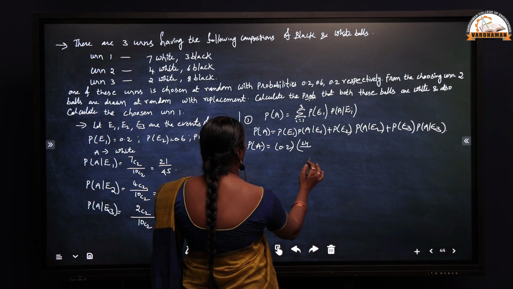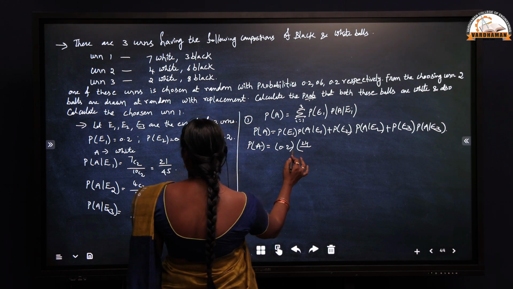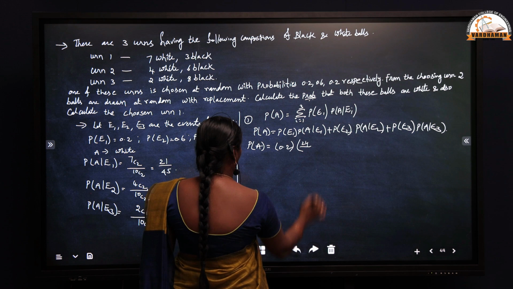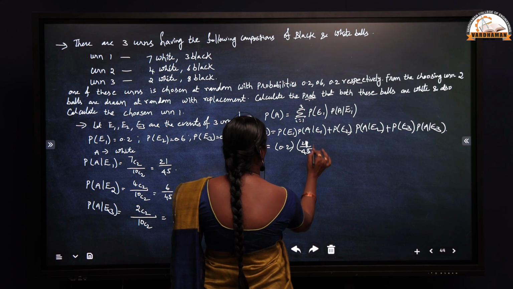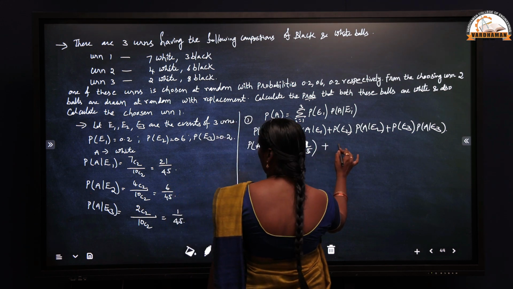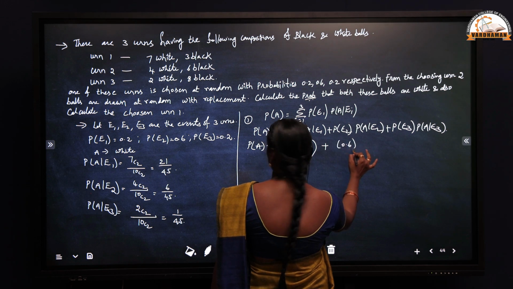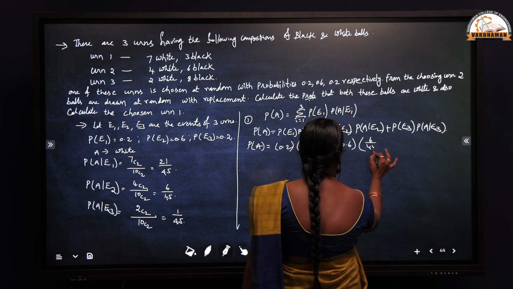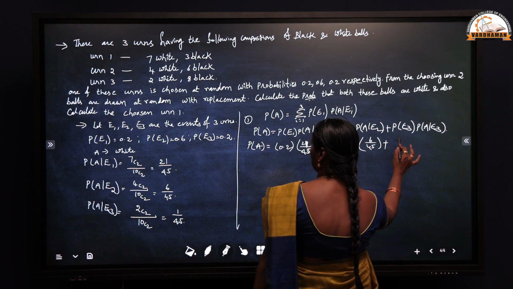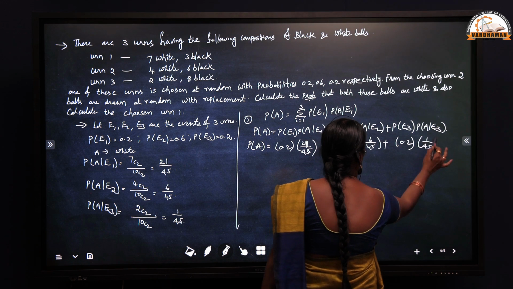Now let us see the denominator. P of A given E1 is 21 by 45 plus P of E2, which is 0.6 into A given E2, 6 by 45, plus P of E3, which is 0.2 into A given E3, 1 by 45.